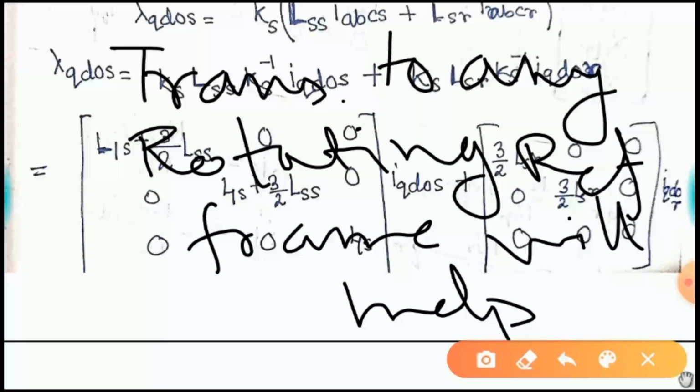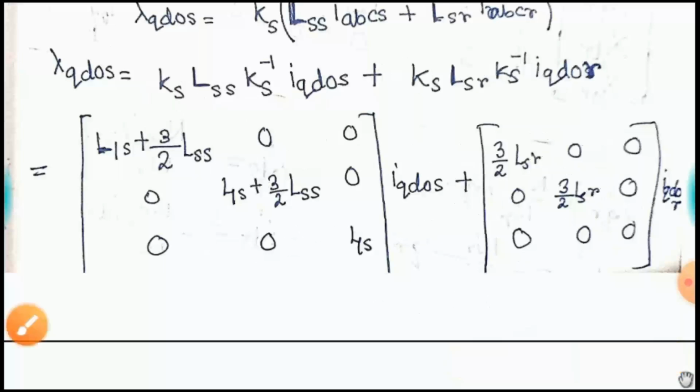Now, another brilliant feature of this matrix is that both the matrices are diagonal in nature, right?